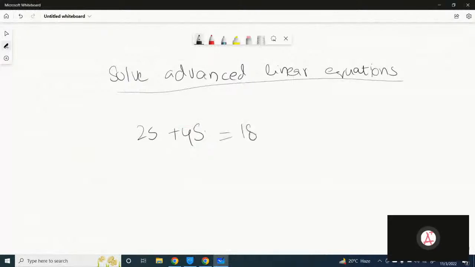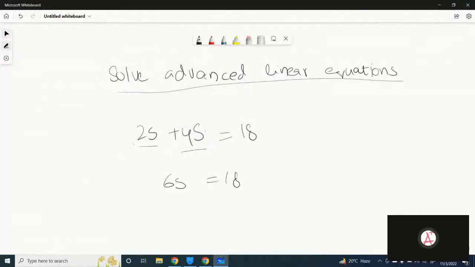So you have to collect the like terms. Here 2s and 4s are both like terms, got it? Because both of them have the same variable, that is s. So you can add their coefficients. So 4 plus 2 is 6s equals 18.